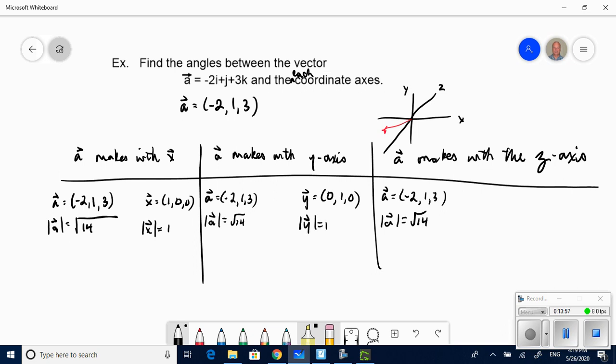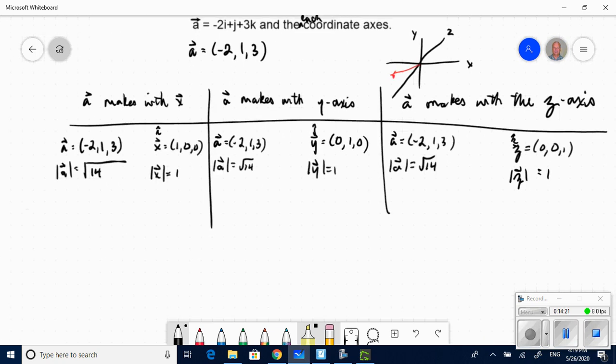That's I hat, that's J hat, and this can be my z-axis, and I know this to be K hat, and this vector is going to be 1 as well. So the calculation isn't that big a deal, really, when you understand exactly what we have to do.